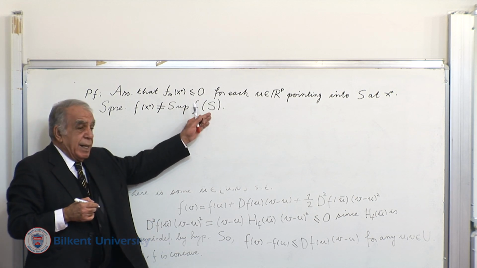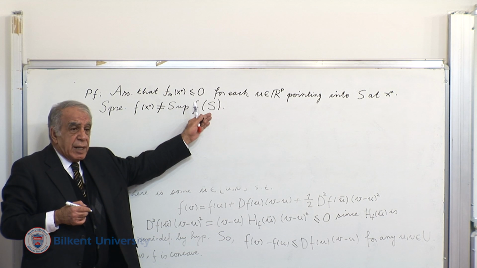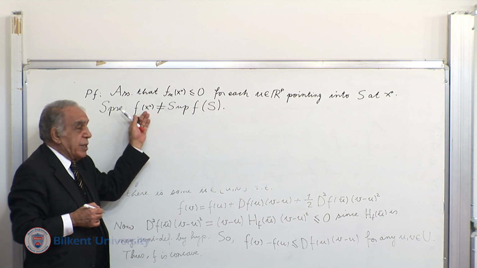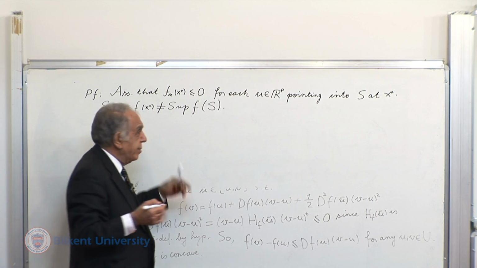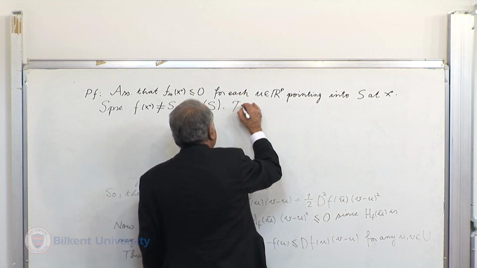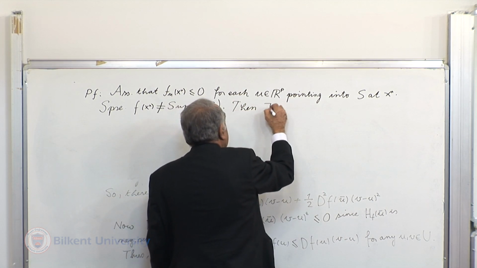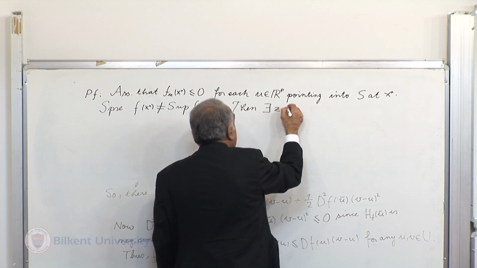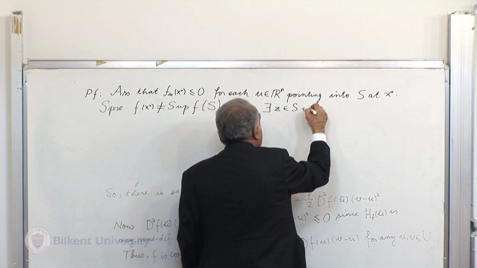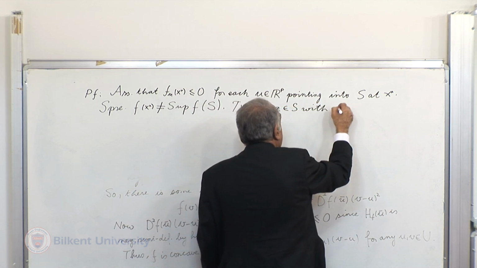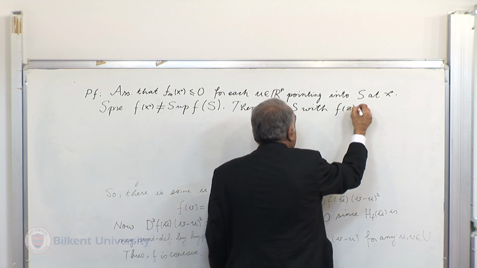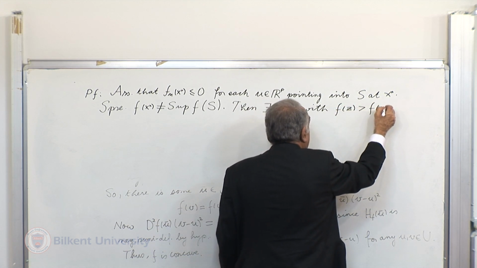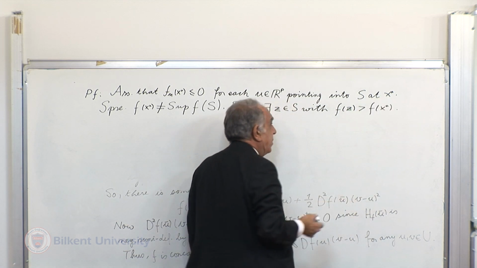There is some z in S such that f of z is larger than f of x star.